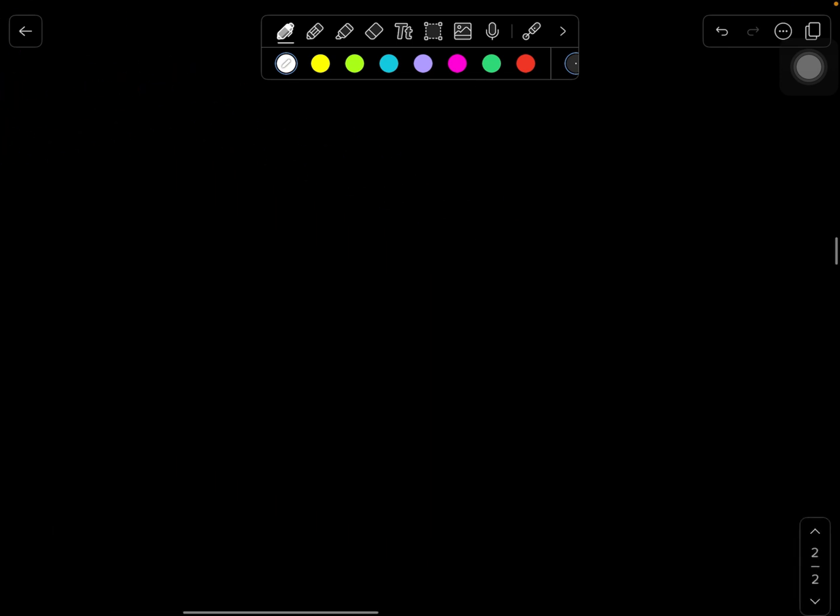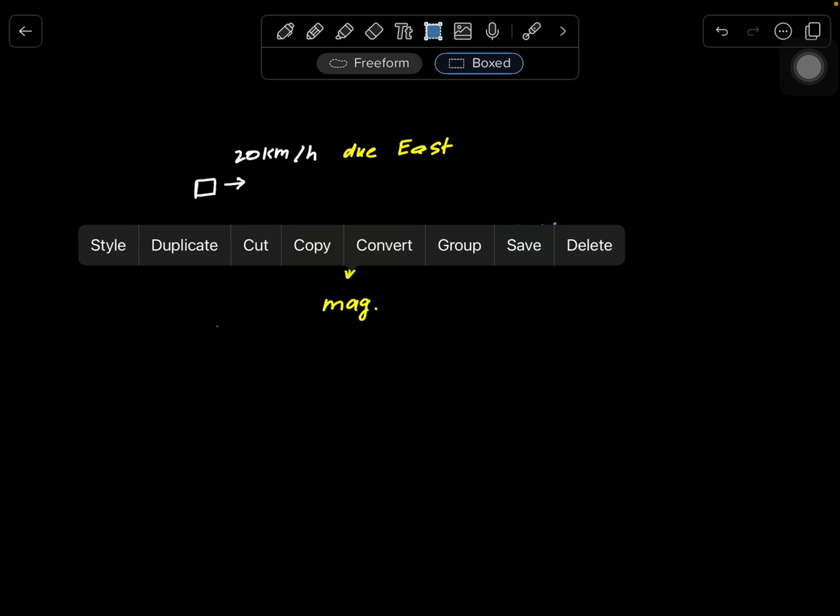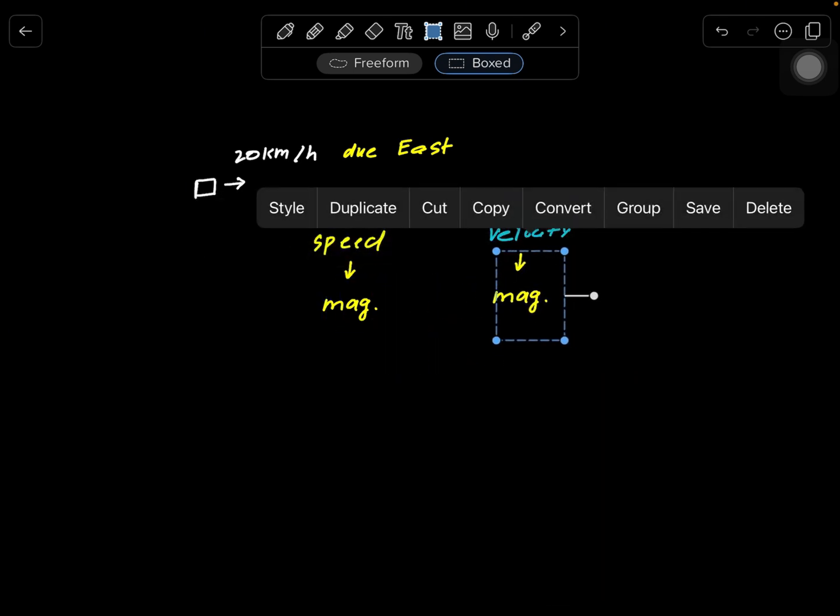For example, if you have a car and I say that it's moving at 20 kilometers per hour, then this is the speed because it's the magnitude of how fast the car is moving. But if I tell you that the car is moving at 20 kilometers per hour due east, then we have a direction involved here, and that is the velocity. So speed is simply the magnitude of how fast something is moving, and velocity is magnitude plus the direction of how fast something is moving.